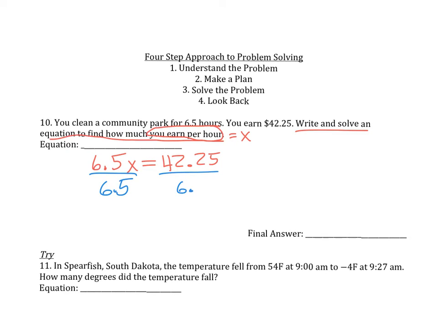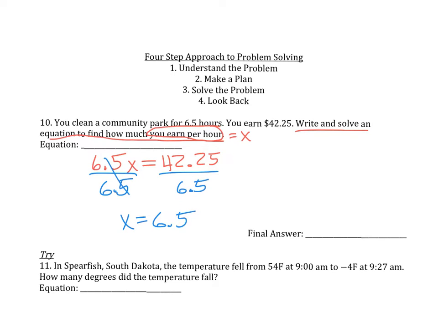Divide by 6.5 hours. Okay, and we get x equals, let's see what that's going to be. 42.25 divided by 6.5. Is that right? It gives me 6.5? Or did I mess something up there? Nope, that's what it is, 6.5.